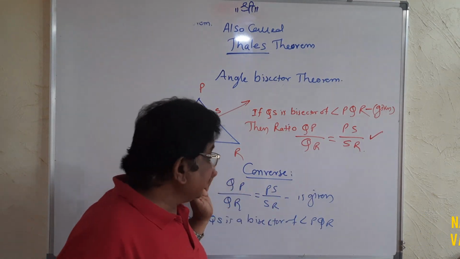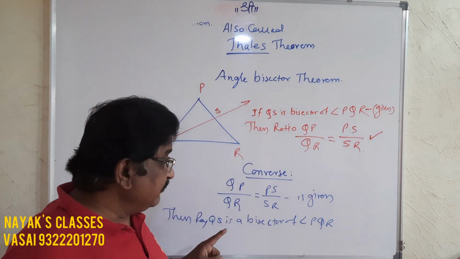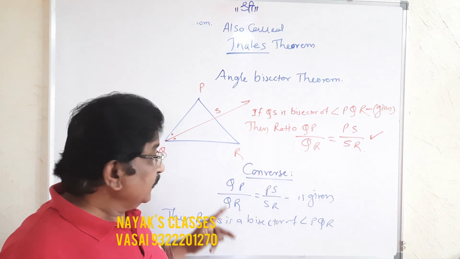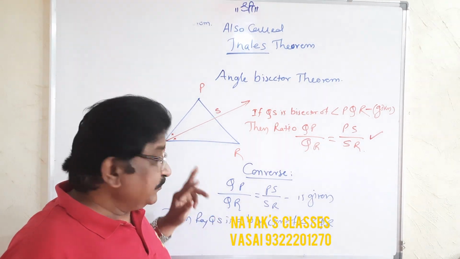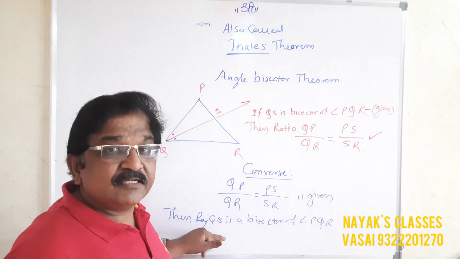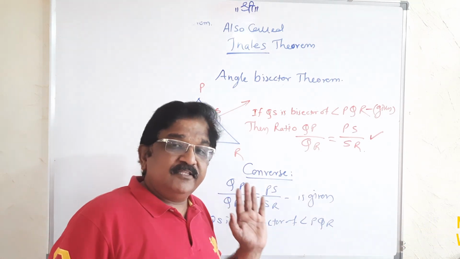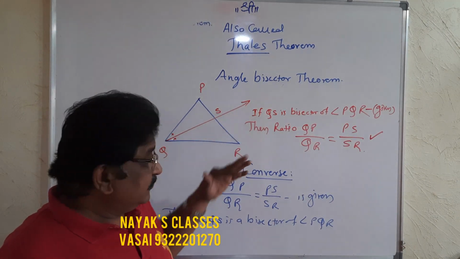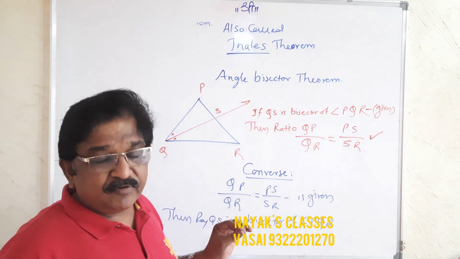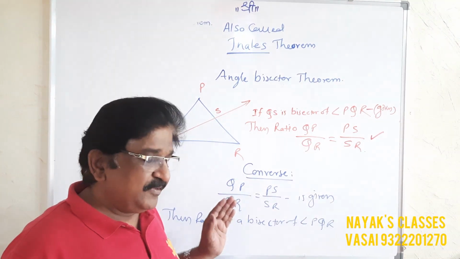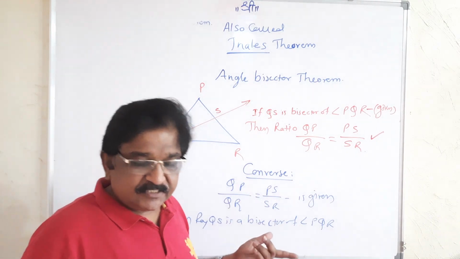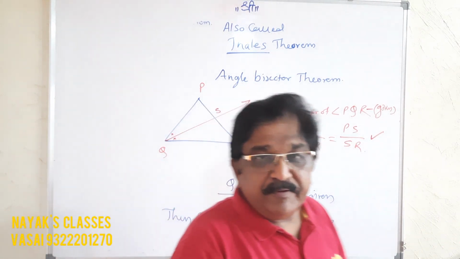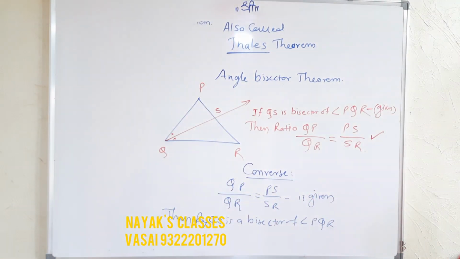Converse: if the ratio is equal, the given ray is a bisector. This is called the converse. Main statement, converse. We are going to see examples based on this in the next exercise. So remember this very nicely.